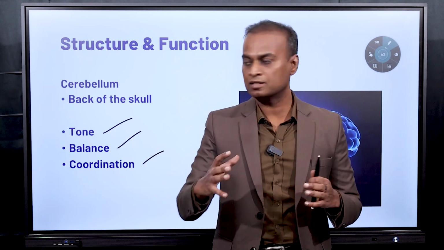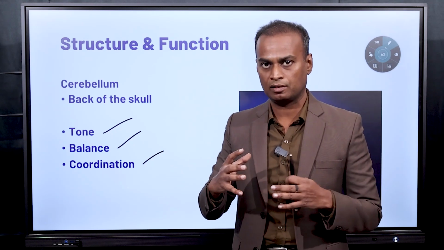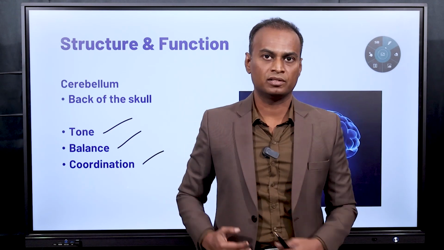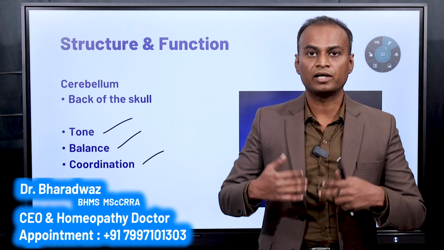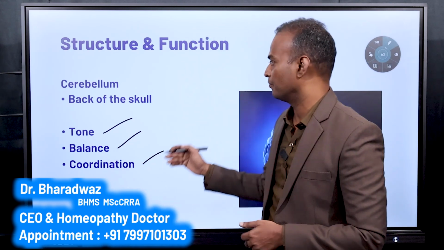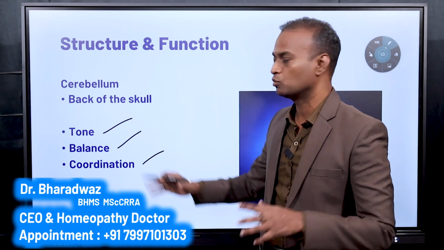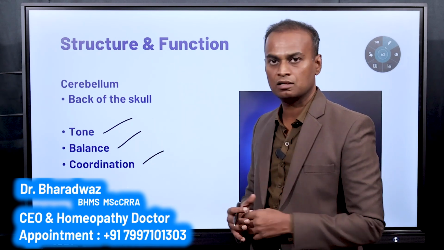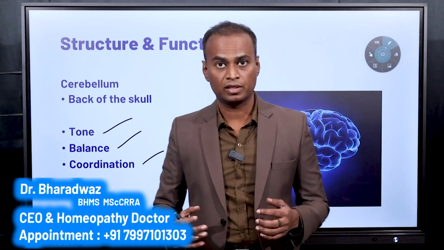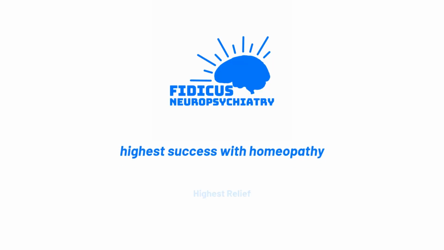There is some balance or coordination between my hands. And when I am moving forward, I take my weight from the back of the leg to the front of the body. All this coordination is carried out by cerebellum. When there is damage to the cerebellum, tone of the muscle is lost, your balance is lost, and your coordination is lost. So this is the importance of cerebellum in our body.